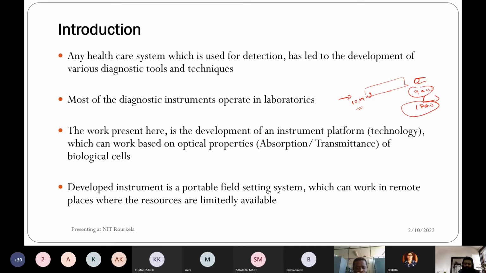People are available, but they are not so highly skilled. For example, if you are looking at different layers of a smear, they cannot do that because they are not experts. So these portable devices will work in remote places with limited resources.